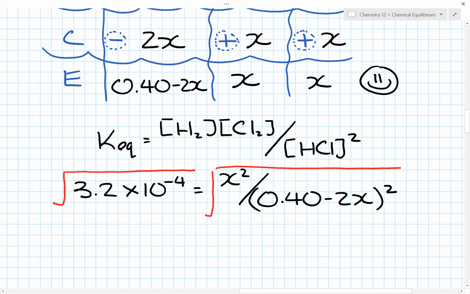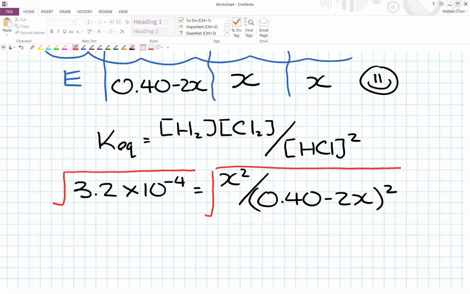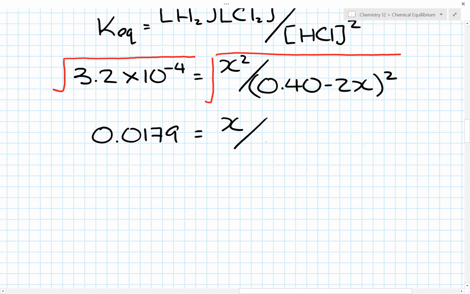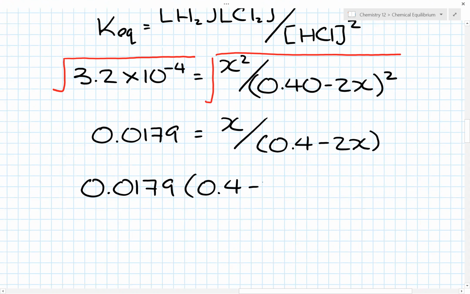So if I took the square root of 3.2 e negative 4, this would be 0.0179 is equal to x all over 0.4 minus 2x. So you have 0.0179 times 0.4 minus 2x is equal to x.